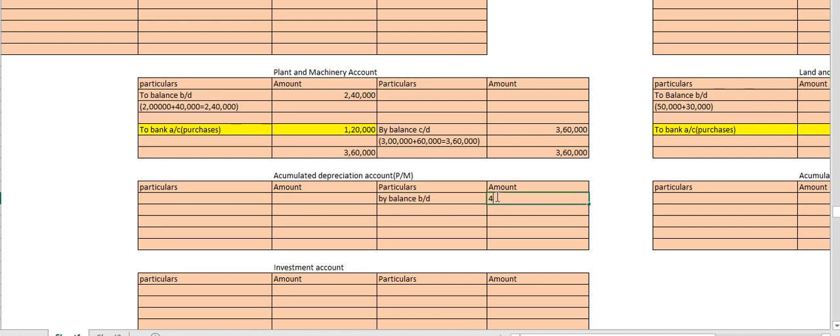So by balance brought down 40,000 and to balance carried down 60,000. So your balancing figure will be transferred to your profit and loss account. So by profit and loss account, which is your balancing figure, which is 20,000. So your total is 60,000.